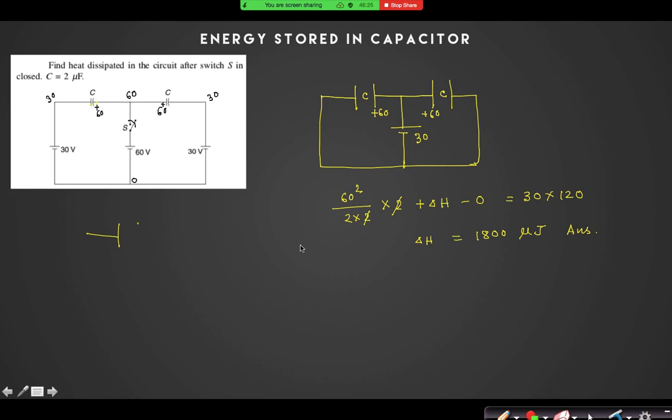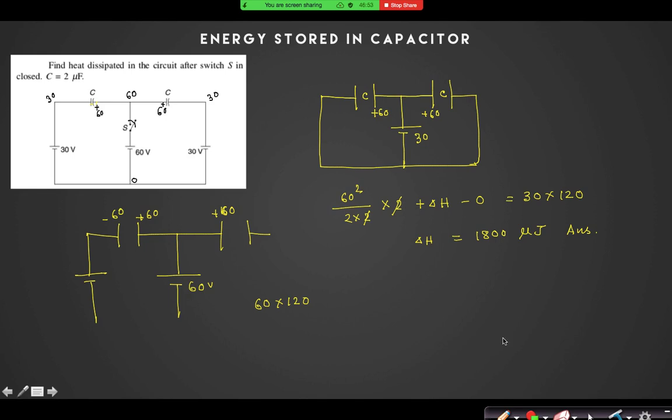If you want individual battery charges, what is the charge sent by the 60 volt battery? Definitely it is plus 60 plus 60, that means 120, right? So work done by 60 volt battery is 60 into 120. And what is work done by that 30 volt battery? Initially this plate was having 0 charge, now it is minus 60.